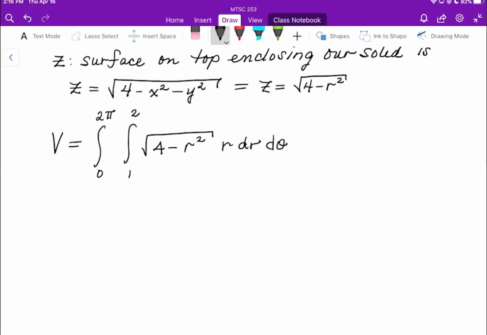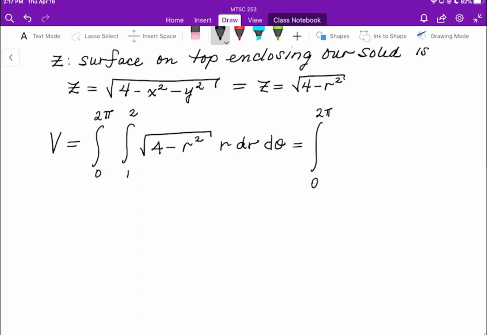Okay, so use substitution, you just get the integral from 0 to 2 pi of 1/2, I get the 2/3 times 4 minus r squared to the 3/2 from the integration, evaluated from 1 to 2 d theta.